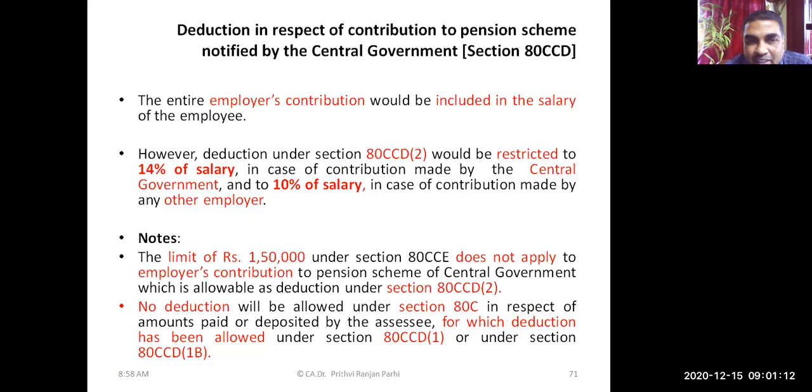That means central government can make any contribution, but the deduction for central government's contribution is restricted to 14% of the salary, and 10% of the salary in case of contribution made by any other employer. Deduction for other employers' contribution is limited to 10%. Right. This is what we're talking about, employers' contribution.